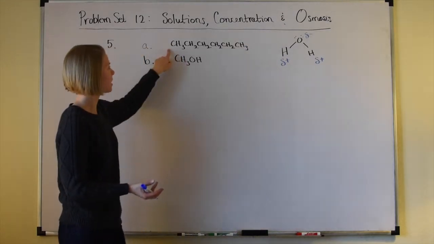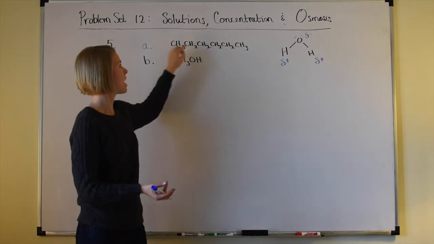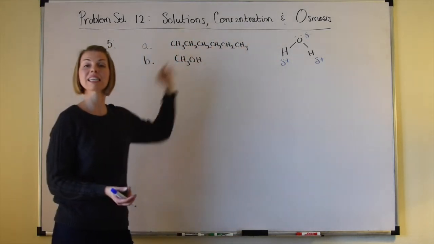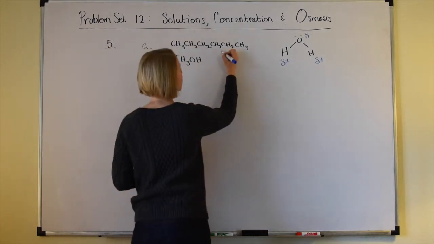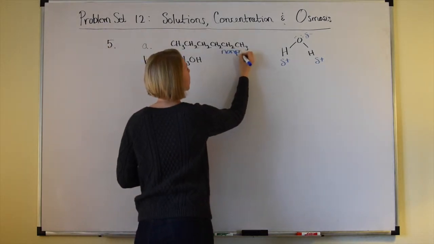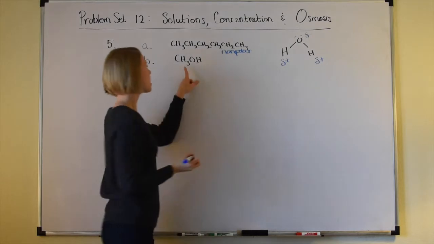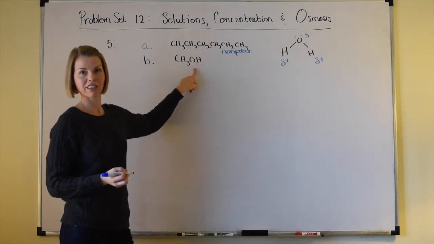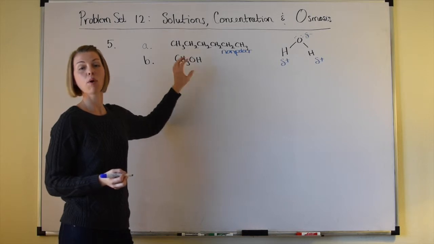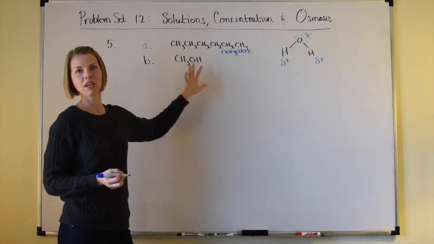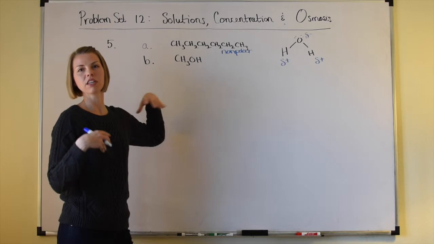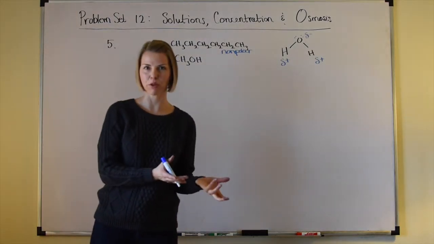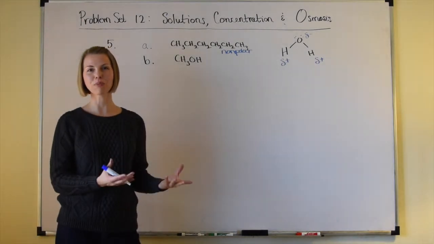So we're looking for another polar substance, another molecule that's capable of dipolar forces of attraction. So in hexane, we have all carbon-carbon and carbon-hydrogen bonds. We have all nonpolar bonds. Hexane is a nonpolar molecule. In methanol, however, we have an OH bond. So we have a polar molecule that's not only capable of dipolar forces of attraction, but that is capable of those special type of dipolar forces of attraction, hydrogen bonds.